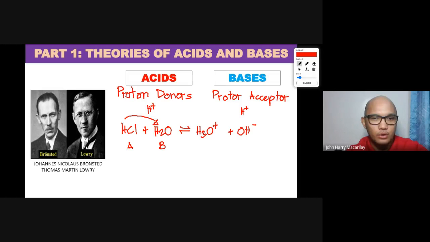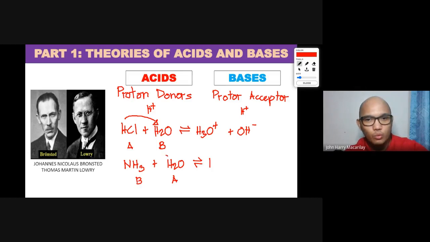The same with our example, for example, we have ammonia plus water, which is now your acid and your base here. It will produce now. So water is considered as your acid, and your ammonia will be considered as your base.